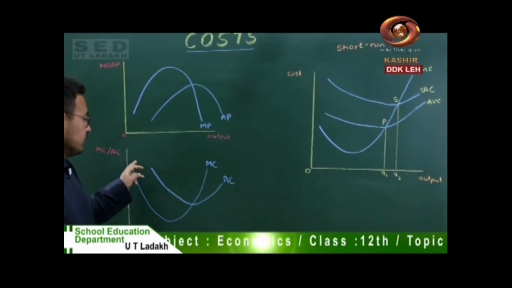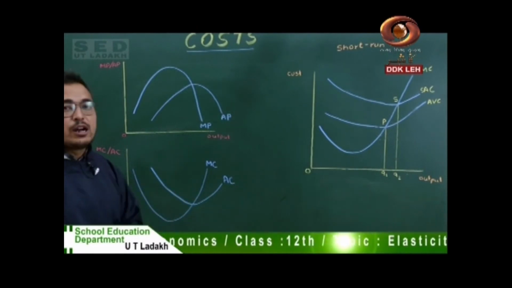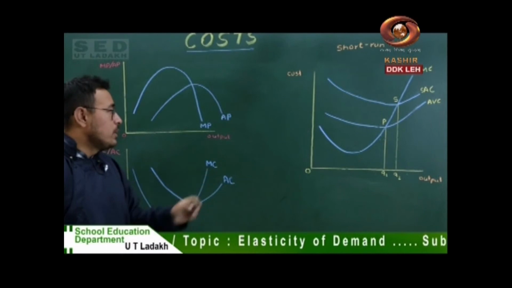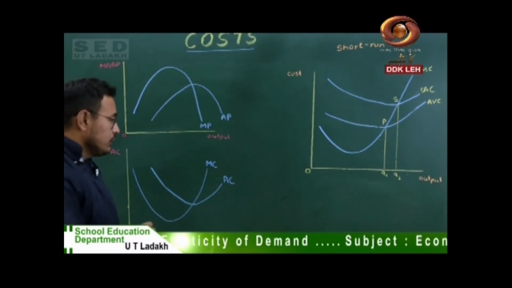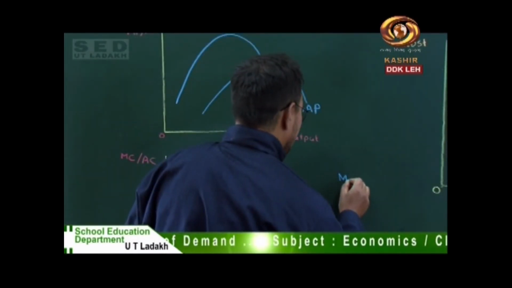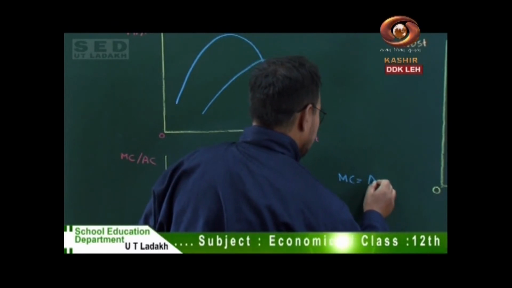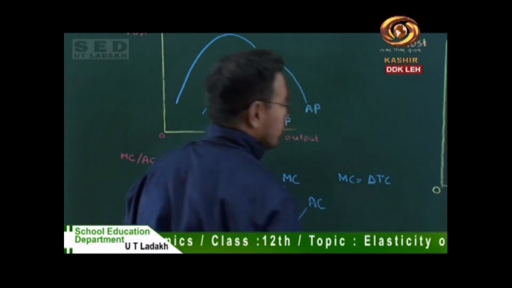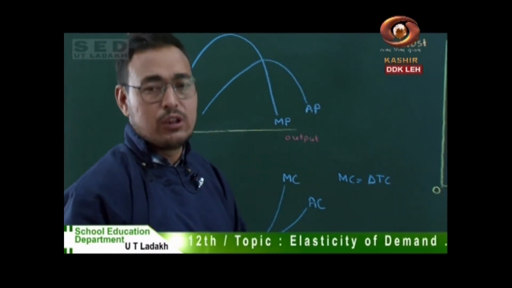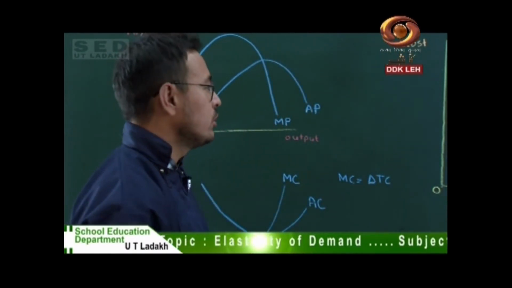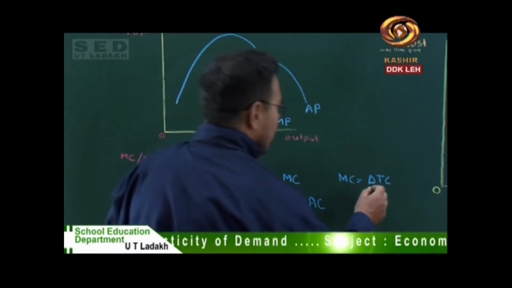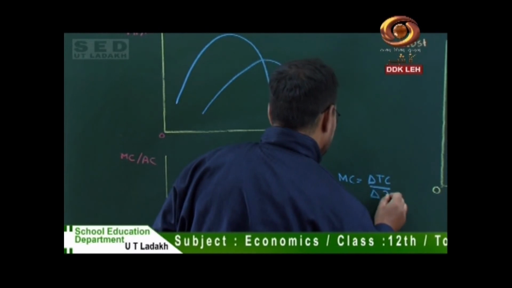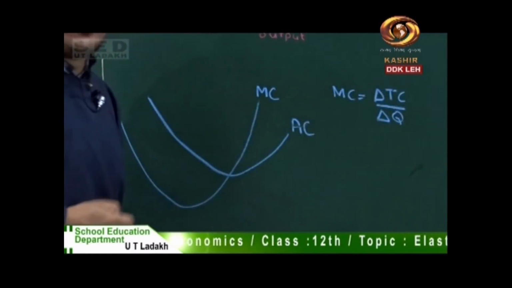Now the next is the shape of the marginal cost and average cost curves. Marginal cost, the definition is simply how much will be the change in your total cost. We can also use total cost here, or in some cases total variable cost, because since total fixed cost is constant, it is how much will be the addition to your total cost when you increase your output by 1 unit.